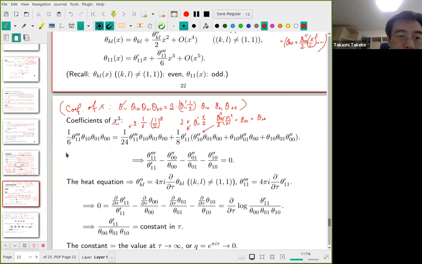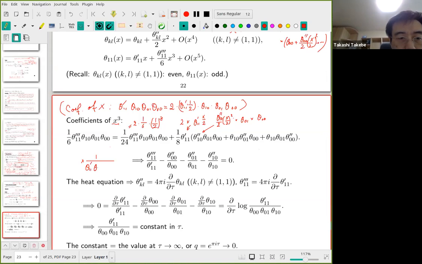Oh, the result is a bit lengthy, but the structure is very simple. If we divide both hand sides by theta 1 prime and theta 1 0 0 0, and with some arithmetics, we get such an identity.